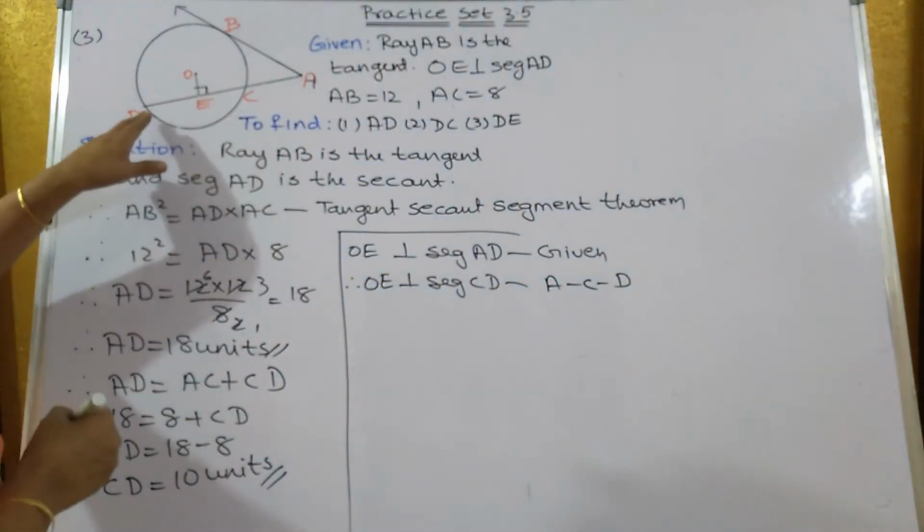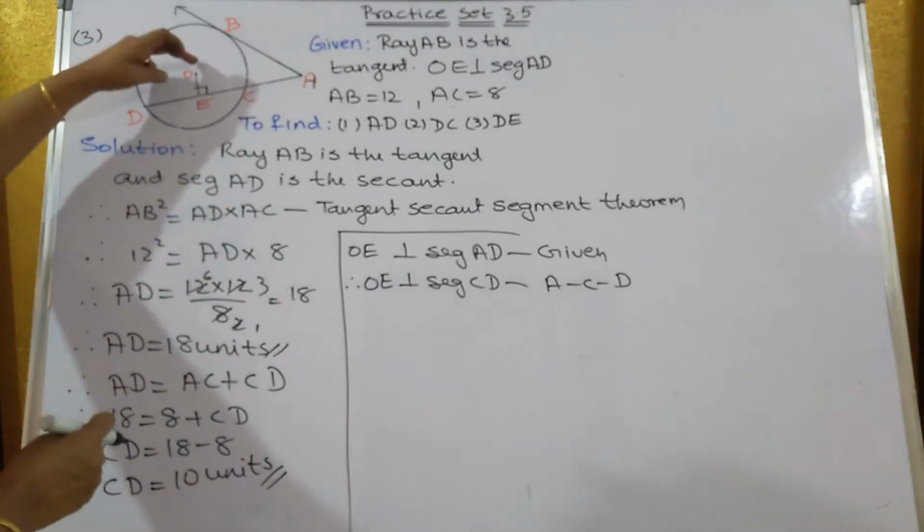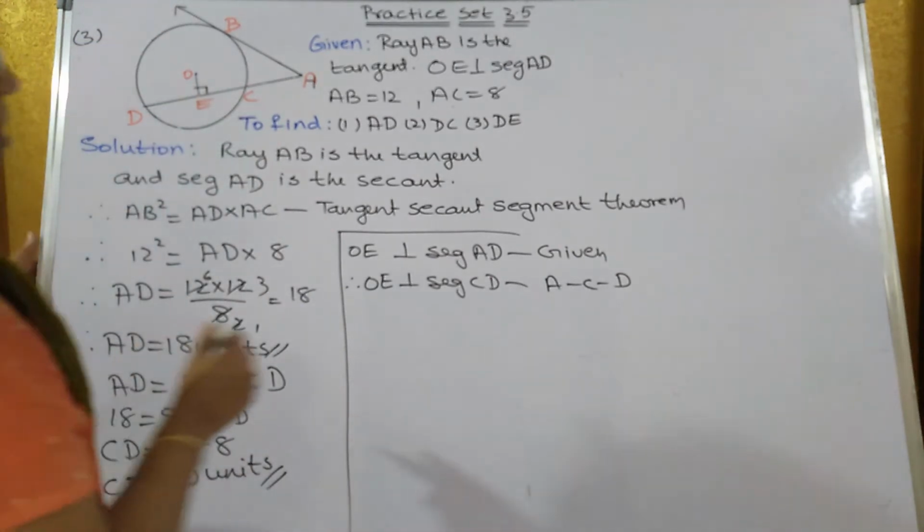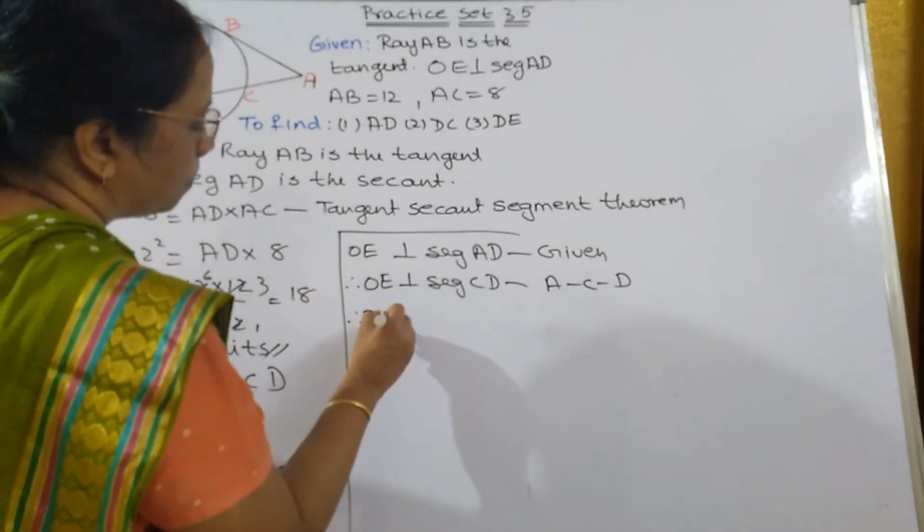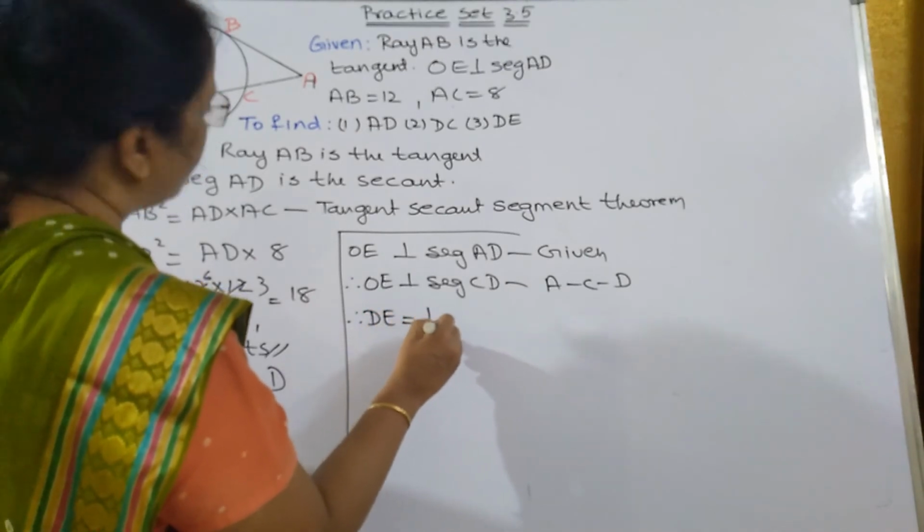Now CD is a chord and OE is the perpendicular from the center. Therefore, DE is equal to half of CD.